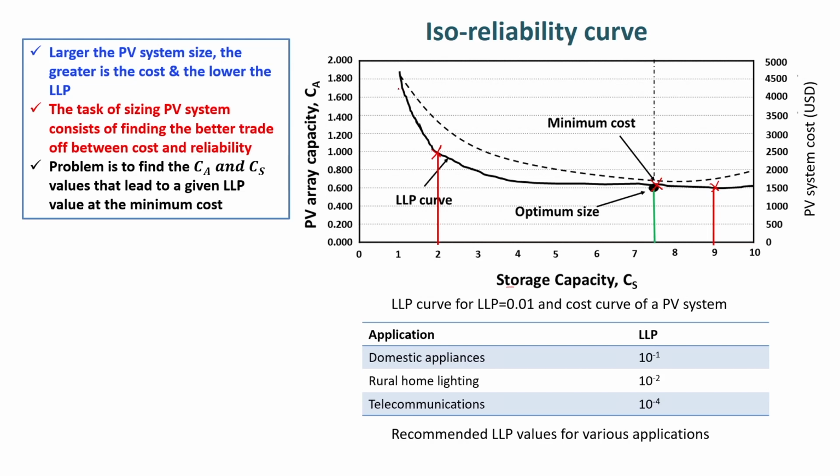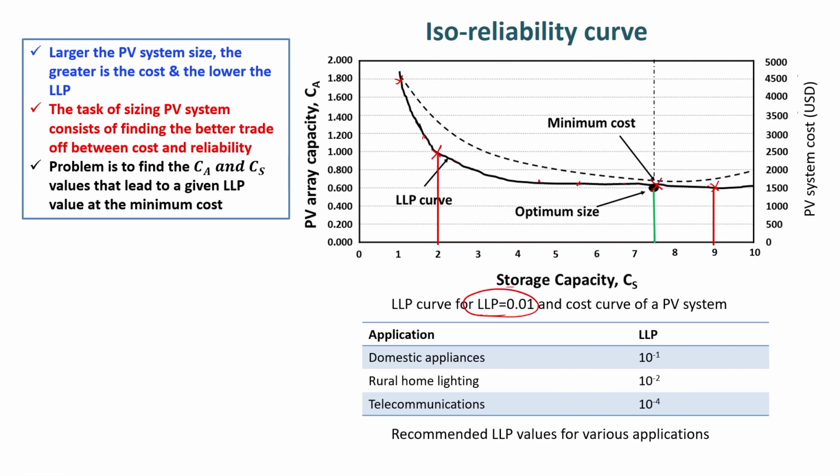So, any point represents the size of a PV system, and this solid curve is the locus of all the points corresponding to the same LLP value. Okay. So, this is maintained at an LLP of 0.01.